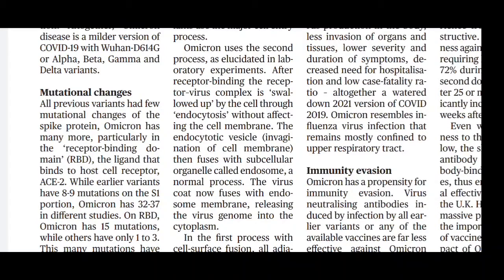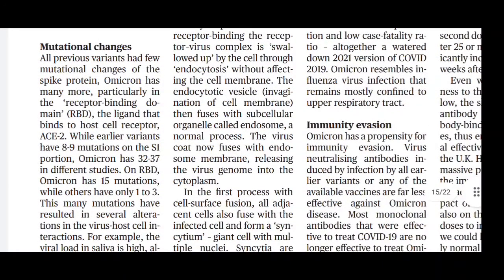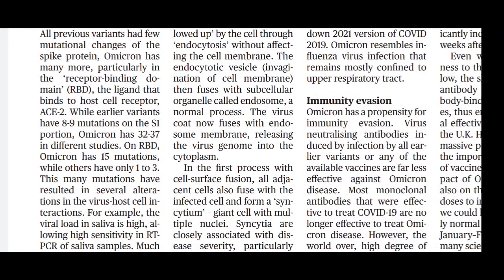All previous variants had few mutational changes of the spike protein. Omicron has many more, particularly in the receptor binding domain (RBD), the ligand that binds to host cell receptor ACE2, while earlier variants have 8 to 9 mutations on the S1 portion.